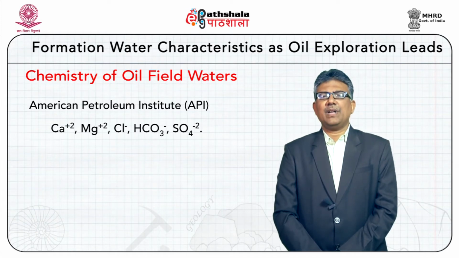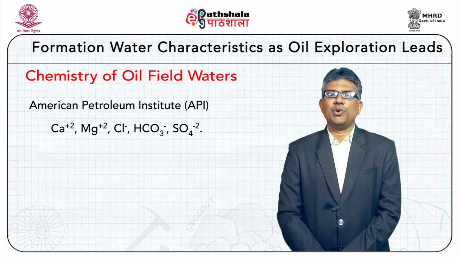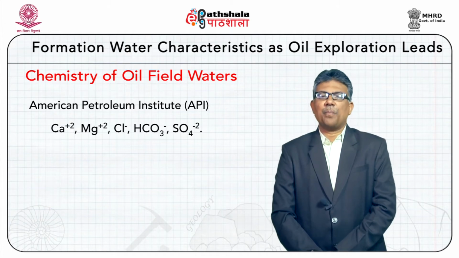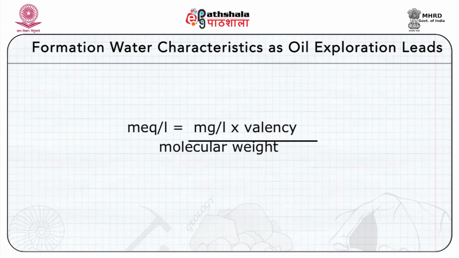For formation water analysis, it is advantageous to express the analysis in milliequivalents per liter, because equal numbers represent equal combining weight. Now, this is the equation we follow: milliequivalent per liter is the product of mg per liter multiplied by valency, and that product is divided by the molecular weight.